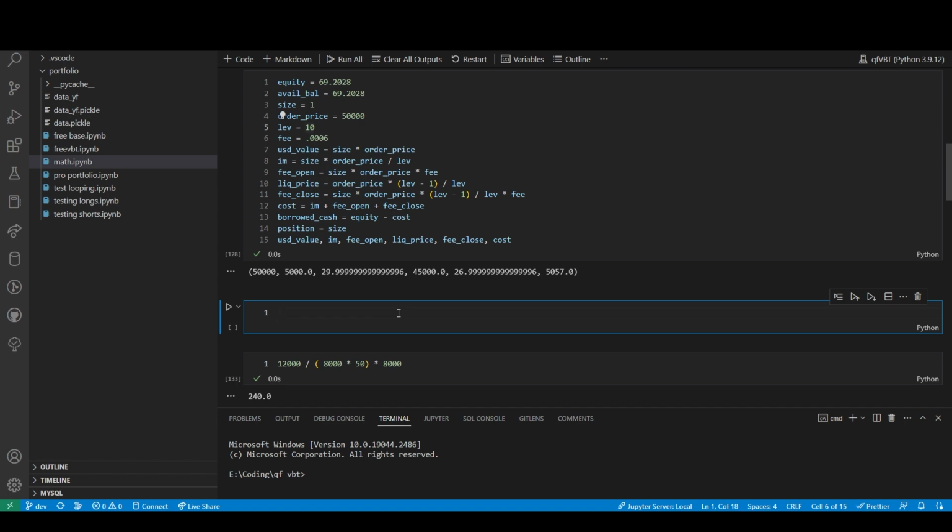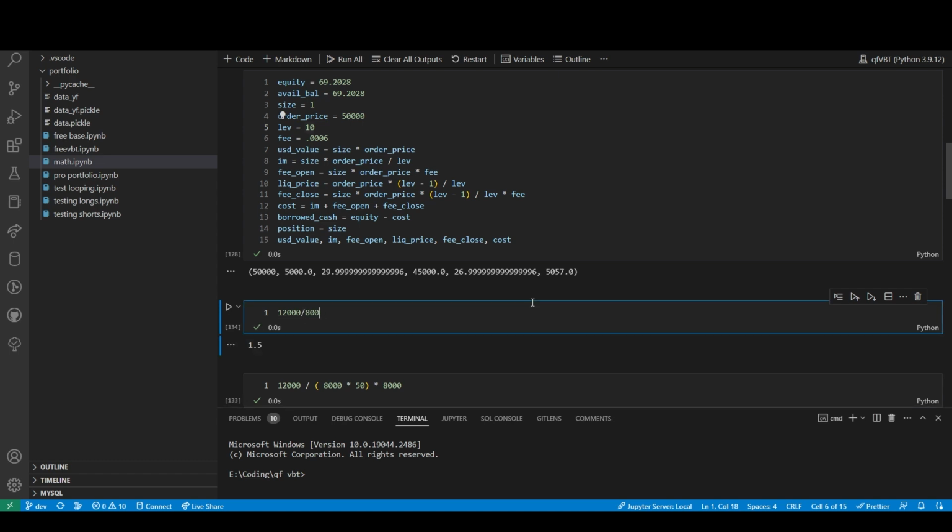So in this situation, let's say a trader buys 12,000 BTC contracts at 8,000 USD. He bought 12,000 divided by 8,000, 1.5 Bitcoin.